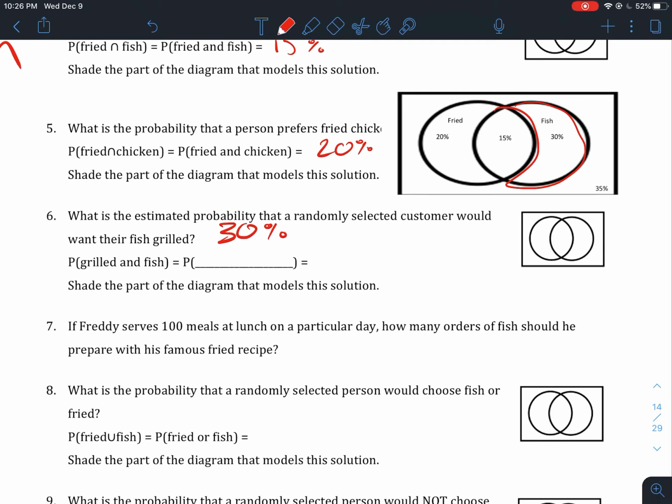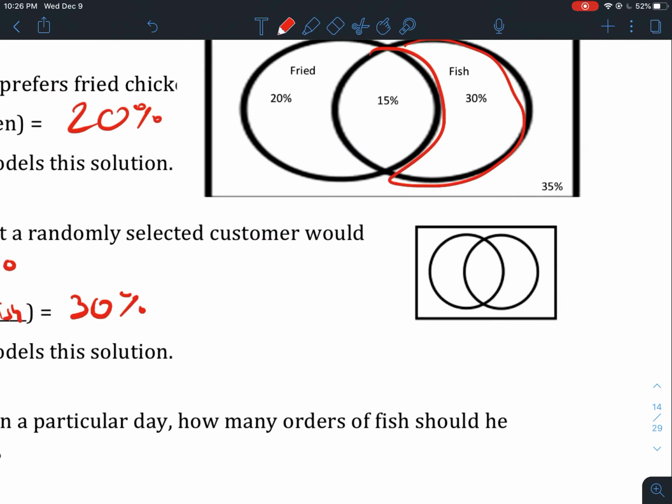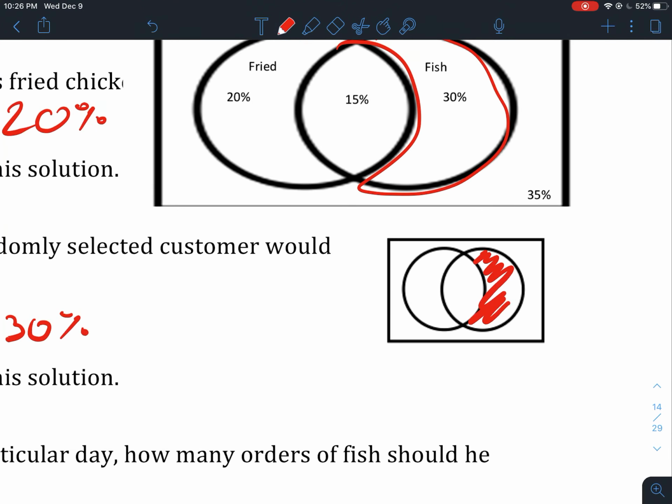And of course, this is fish and grilled, or I should say grilled and fish. So you could say grilled, then the intersection symbol, and fish. That equals 30%, and the part of the Venn diagram this represents would be this portion.